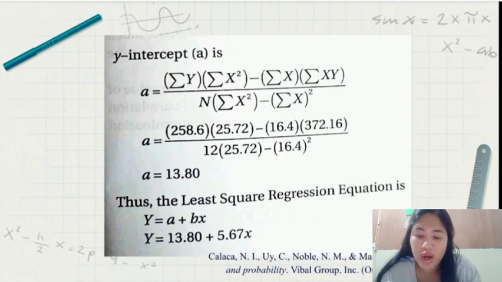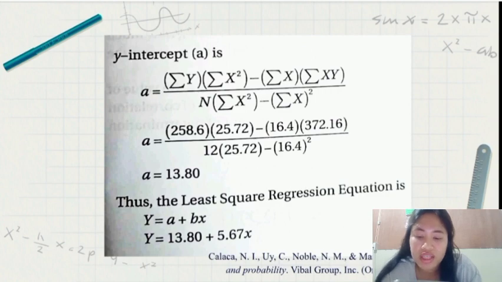And to solve for the y-intercept, a equals 258.6 multiplied by 25.72 minus 16.4 multiplied by 372.16, over 12 times 25.72 minus 16.4 squared.